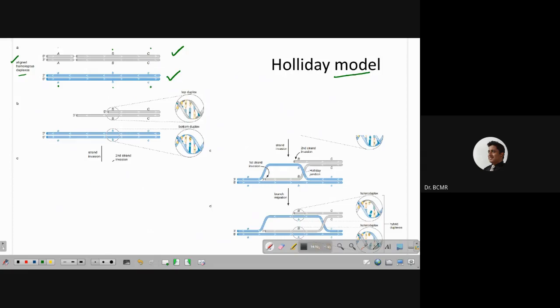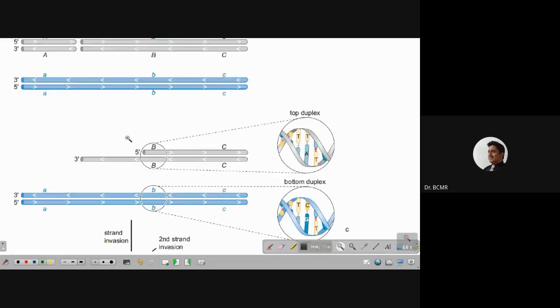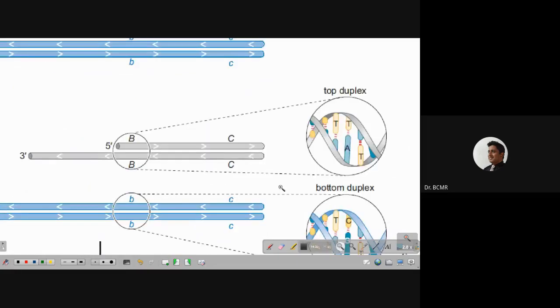Now we are going to see how strand exchange, or bits of strands, can be exchanged between these two DNA molecules. And that is what we are trying to look at as the Holliday model. I'll try to zoom it in, and I hope you can see. So the first one is, sorry.